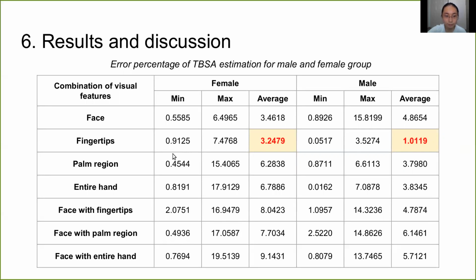For instance, using palm region feature as visual feature has the smallest error at 0.45%, half of the fingertips minimum, but the maximum error is almost double fingertips. This means using fingertip feature with height and weight consistently gives a better prediction for both genders.